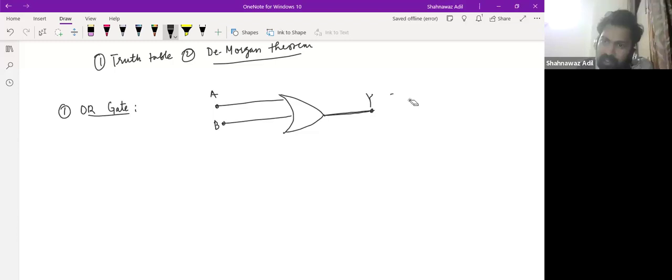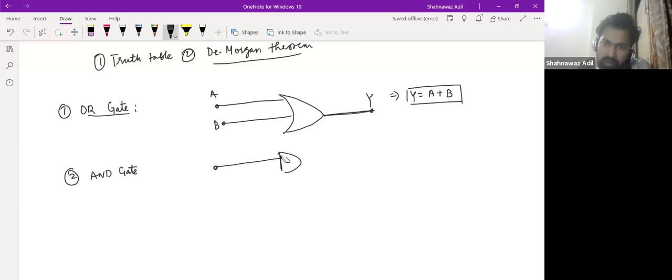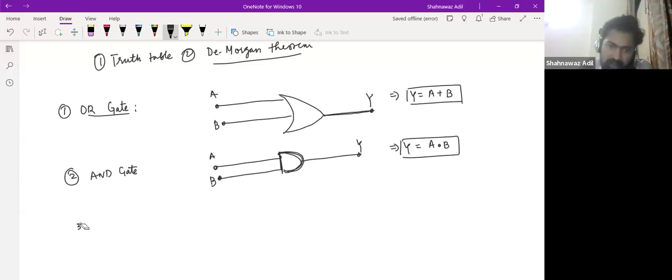Next you have the AND gate, with a straight line and then this shape. Again there are two inputs and one output, and the output is A into B. Then you have a NOT gate, which has only one input.